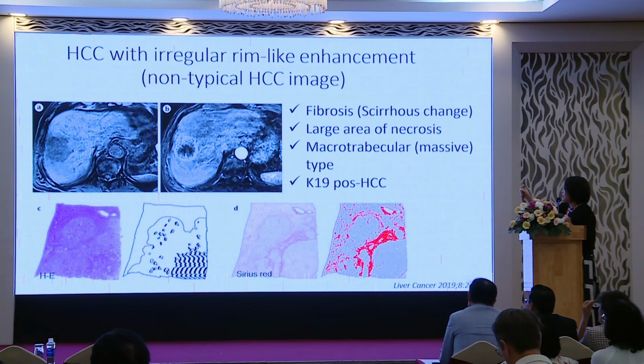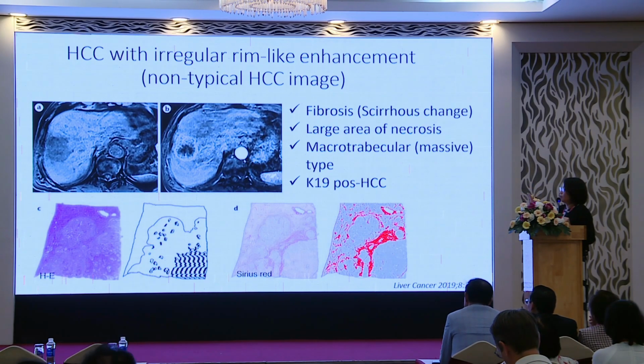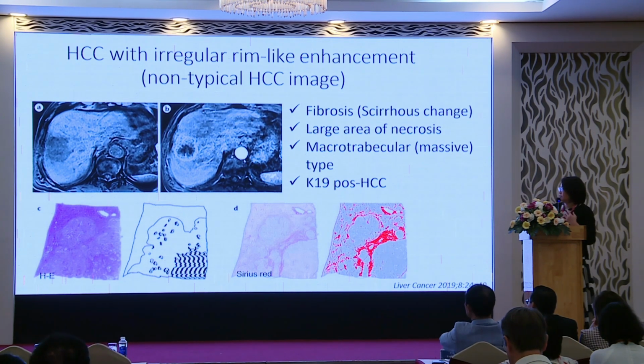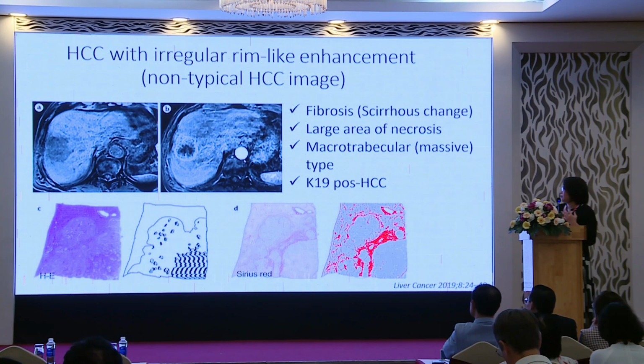And this rim enhancement usually indicates the possibility of intrahepatic cholangiocarcinoma or metastatic tumor, but in fact, this imaging pattern is also a picture of the macrotrabecular massive subtype or keratin-19 positive HCC. So this can tell you that imaging is not perfect, and that to make the diagnosis accurately, we have to really collaborate with radiologists to make a better diagnosis.